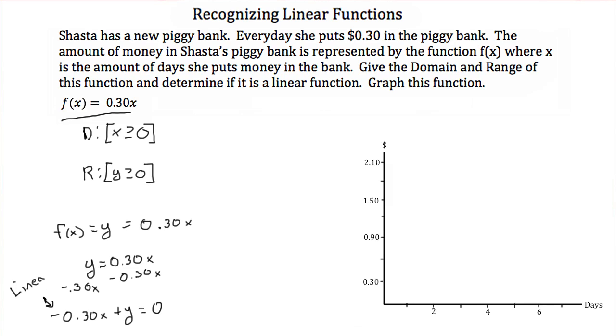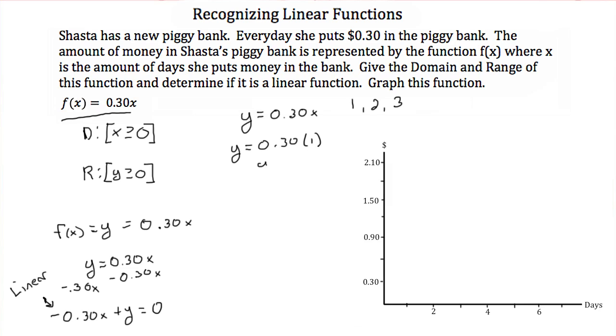And now that we know it's linear, let's graph it. Well, let's pick points out of our domain that are easy to graph, and we'll plug them in for x and solve for y. So let's pick day 1, 2, and 3. If we plug in 1 for x, we get y is equal to 0.30 times 1.